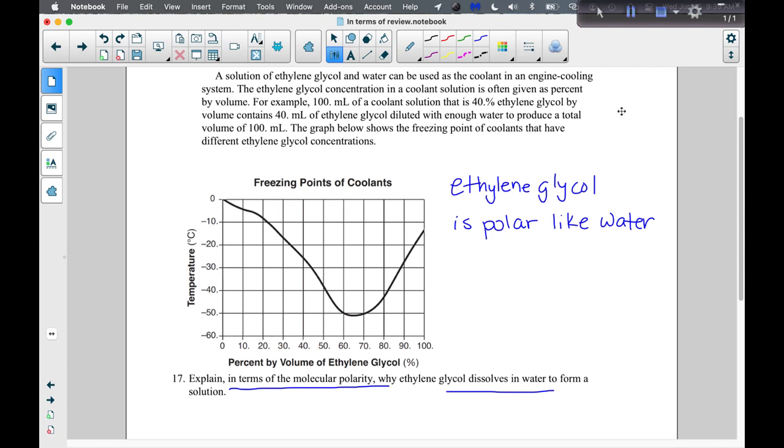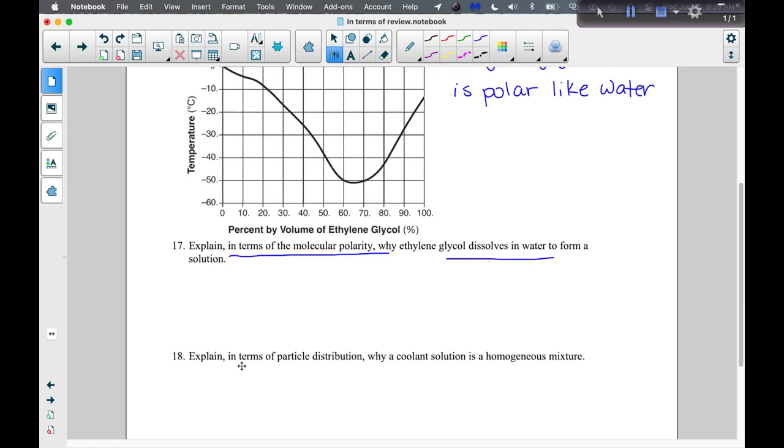Now, there's a whole reading here. You can pause to read the reading if you'd like. For the next question, in terms of particle distribution, why something is a homogeneous mixture. Remember that homogeneous means that the particles are evenly distributed.